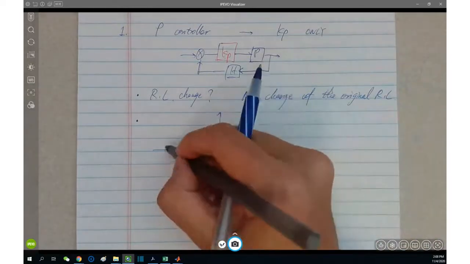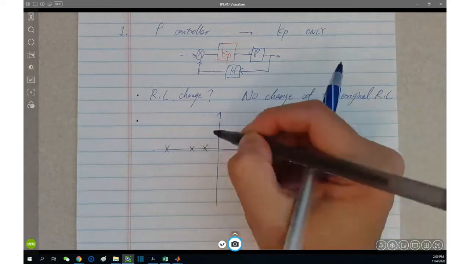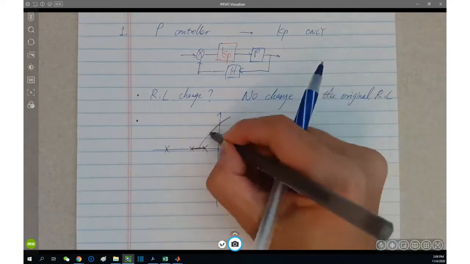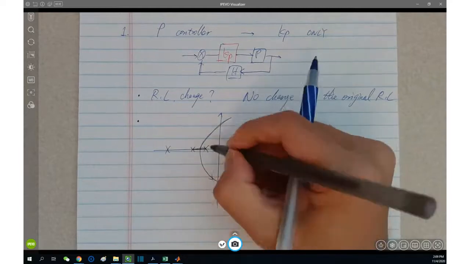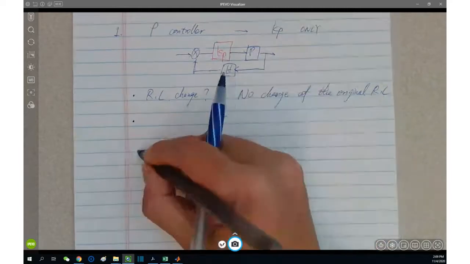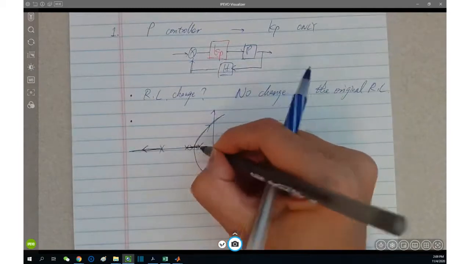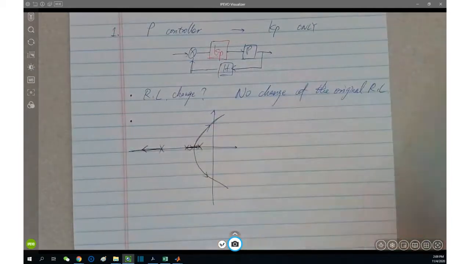I'm just copying the example 4 we just studied. The locus is like this, right? This is the original system. Now I give a KP here. How is the Root Locus going to change?